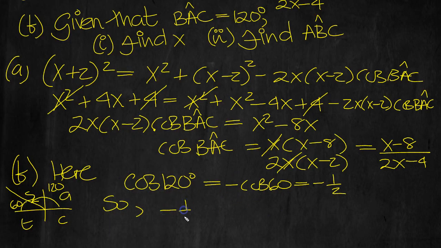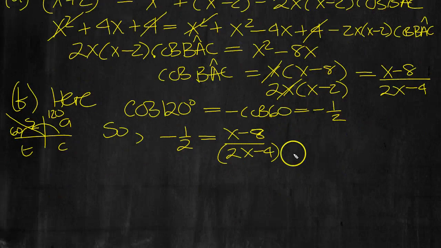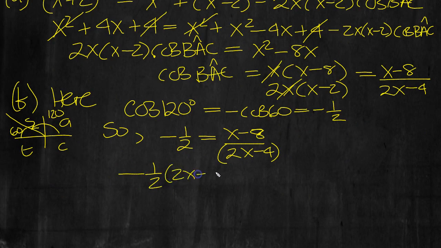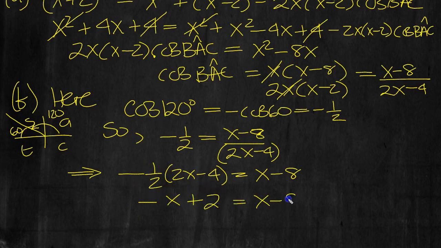So minus a half then is equal to this stuff here, x minus 8, over 2x minus 4. Okay, so move that up to be with the minus a half. x minus 8, minus a half times the 2x will give minus x, minus times minus is a plus, 4 over 2 is 2, equals x minus 8.